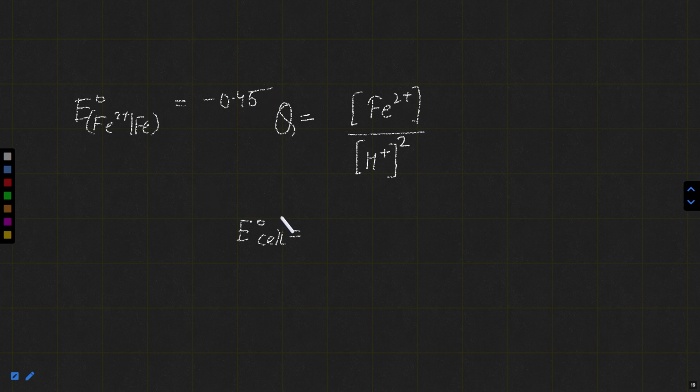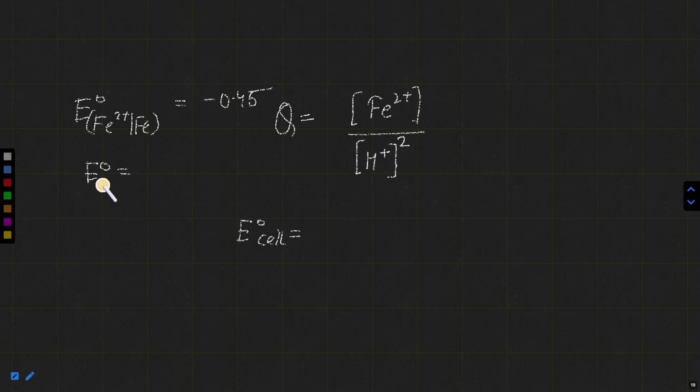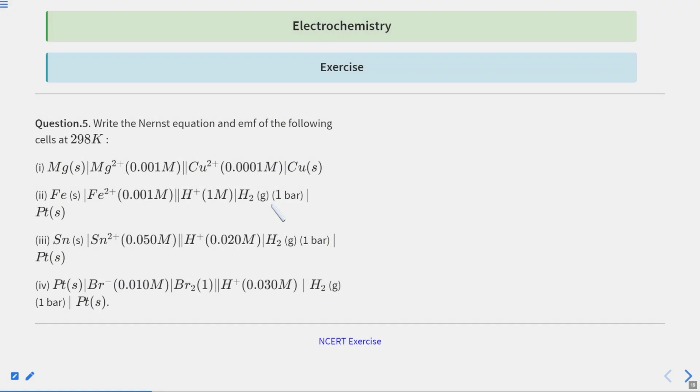Now the second species is what? The second species is H plus to H2. What will be the value for this? You must remember at least this value, right? It is 0. Now the species getting reduced: is Fe going to Fe2 plus getting reduced?